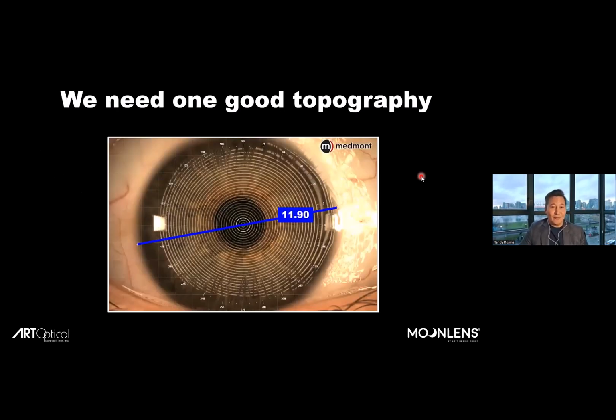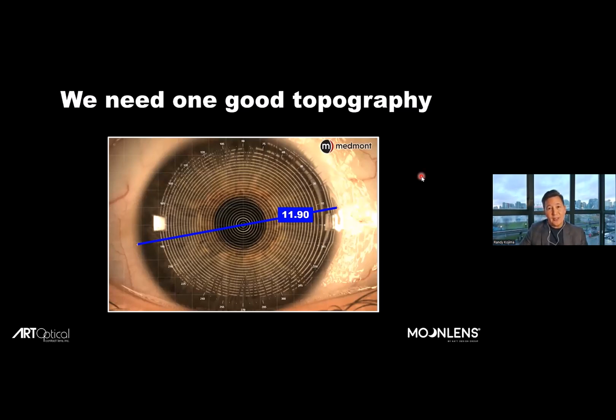And one of those easy ones is capturing the visible iris diameter. Some instruments do this automatically for you. Some of them you need to manually run a ruler across the eye. In this case, we can see the VID is 11.9, and your Moon lens is going to ideally be calculated VID minus 0.8.